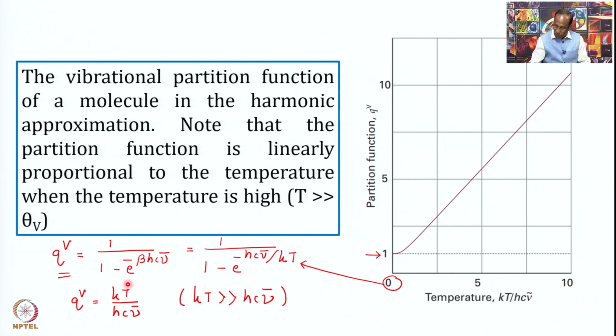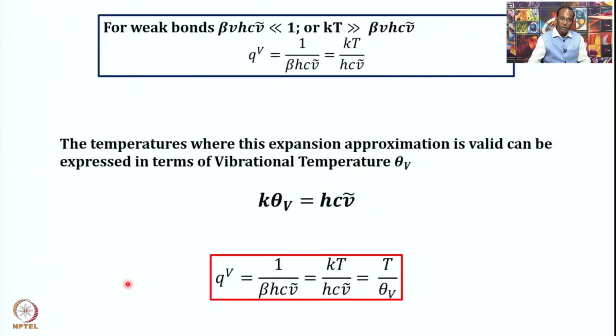For that, it is a good idea to introduce a temperature which is called the characteristic vibrational temperature. How to introduce the characteristic vibrational temperature? We had Q_V equal to kT over hc nu bar.